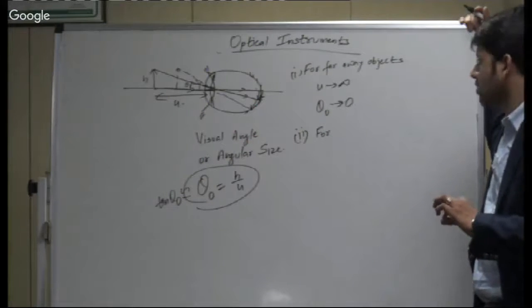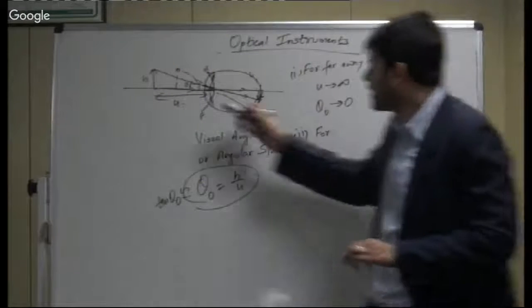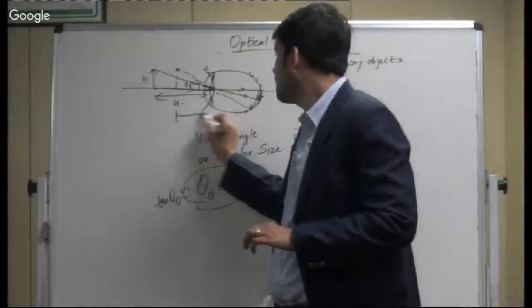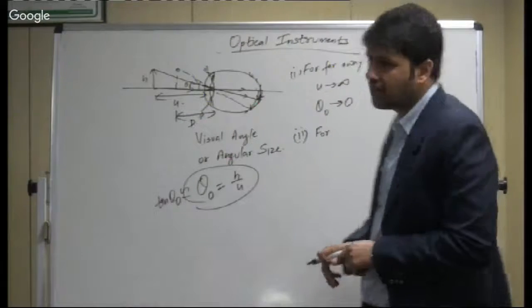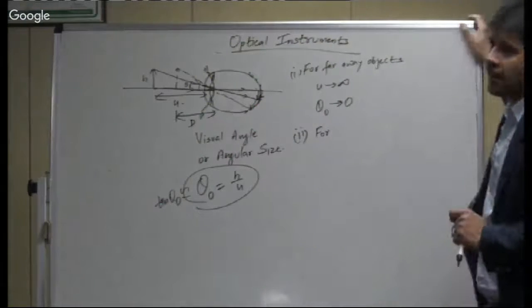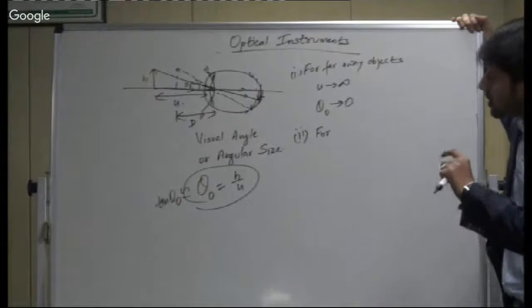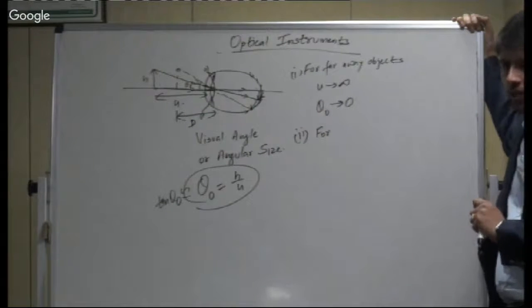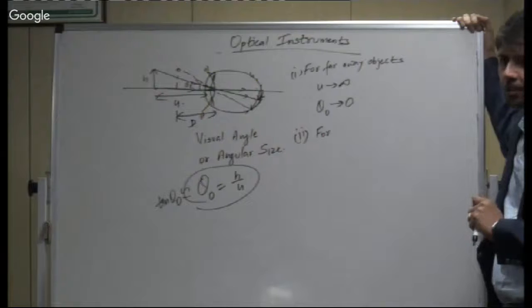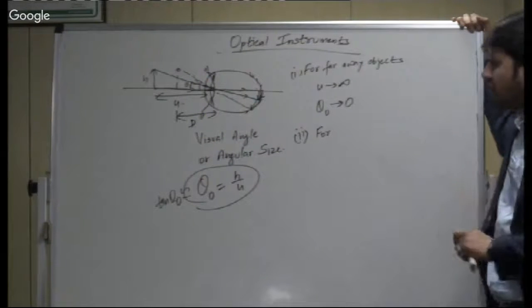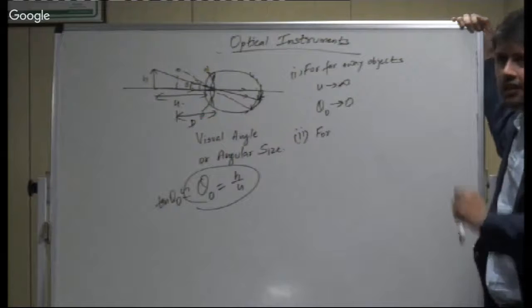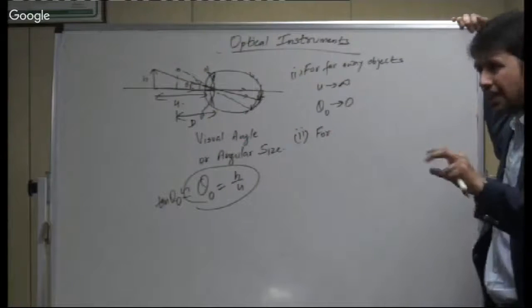Let's call it capital D. Capital D is the distance at which the image is just formed. It would be bigger in size, but it would be just formed. Any object which is placed closer to eye, its image won't be formed clearly on the retina.